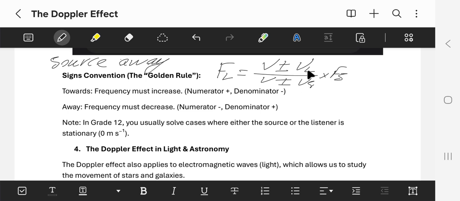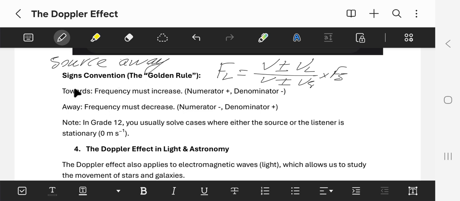If the velocity of the listener is positive, the velocity of the source is negative. If the velocity of the listener is negative, the velocity of the source is positive, depending on whether we are approaching or moving away. So away means the velocity of the listener is negative and the velocity of the source will be positive. I hope that is clear, guys.